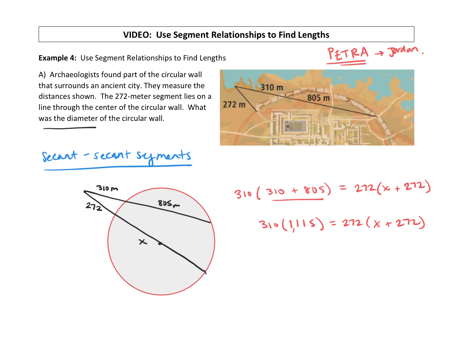All right, so now let's go ahead and we can multiply 1,115 times 310. We're going to get into some big numbers, so just a heads up there.